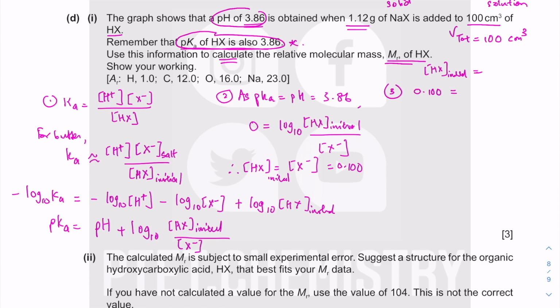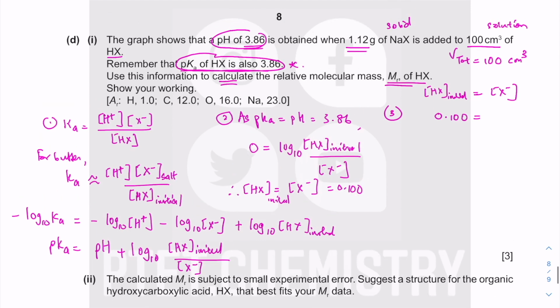Initial is equal to [X-]. So if there is 0.100 mole per dm cube, and what is my [X-]? My [X-] concentration is equal to the concentration of the NaX.